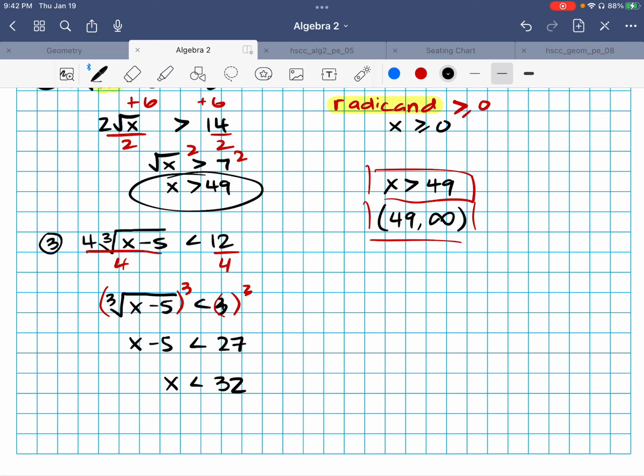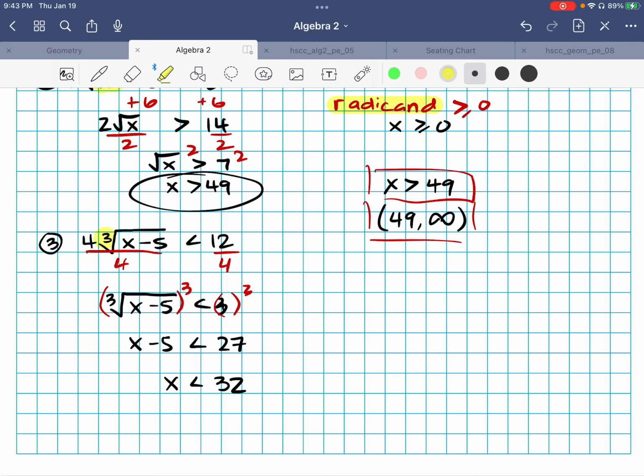Now, once you've solved it, the second part is to make sure that the radicand is satisfied. But when you're dealing with odd roots, the radicand can be anything. There are no restrictions. So in this case, the solution is just x is less than 32 because in cube roots, there are no restrictions.